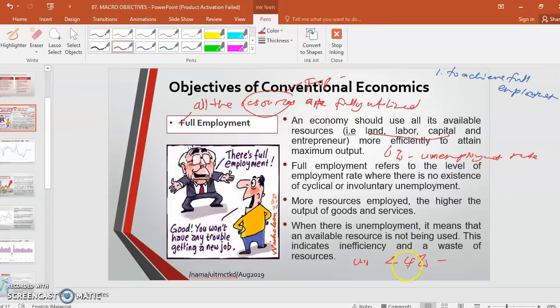Sebab apa? Sebab ramai je yang menganggur kat Malaysia ni contohnya. So kita tak adalah sepenuhnya yang bekerja. Banyak lagi hutang kita belum teroka. Itu maksudnya bukan full employment lagi, tapi we still consider it full employment when our unemployment rate is less than 4%.